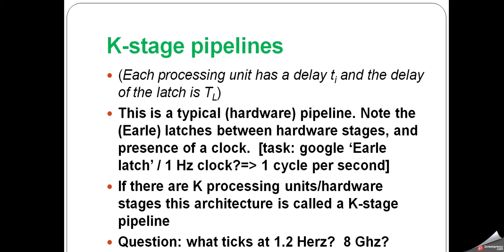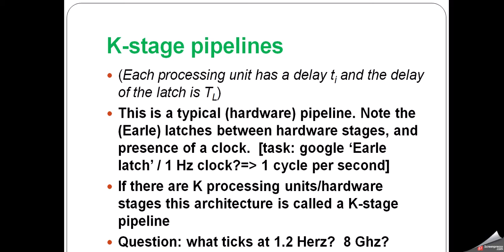And if you're operating with a 1 Hertz clock, in effect, you're looking at a period of 1 second, a cycle of 1 second. And if there are K processing units or hardware stages, this architecture is called a K-stage pipeline.